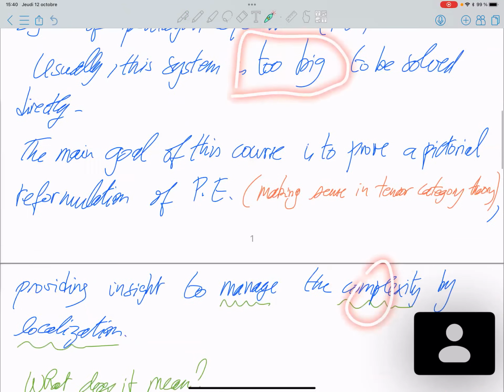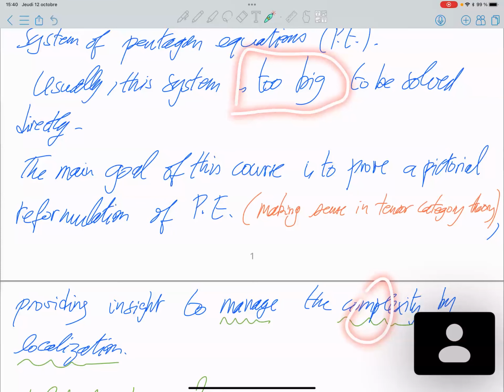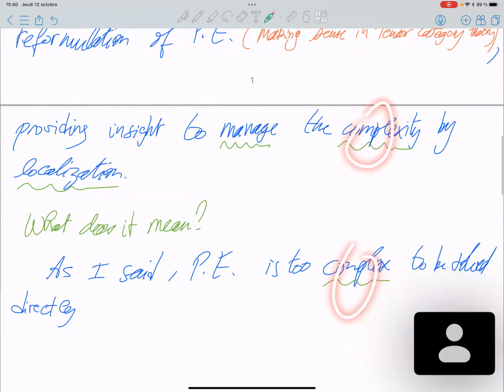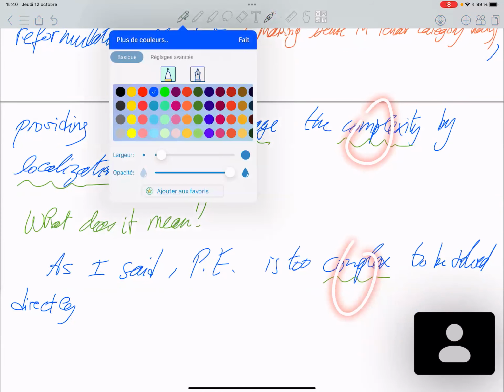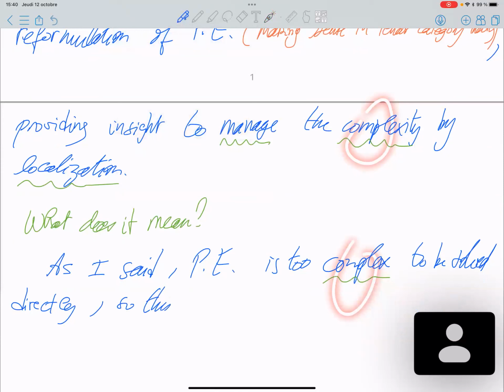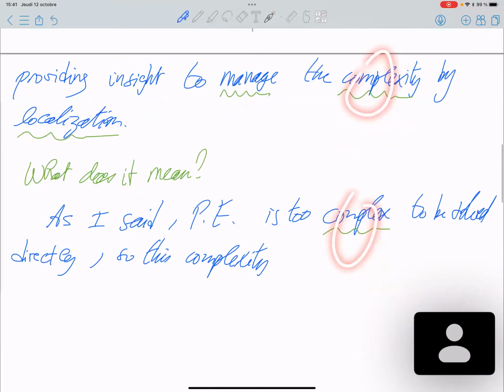So we need to find another way. We need to manage this complexity.